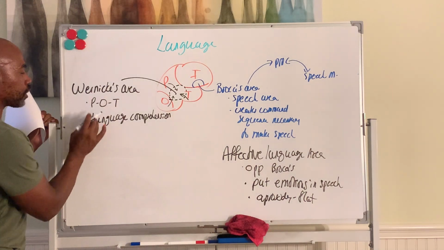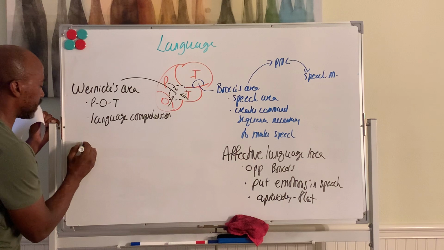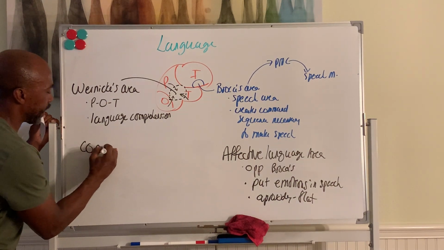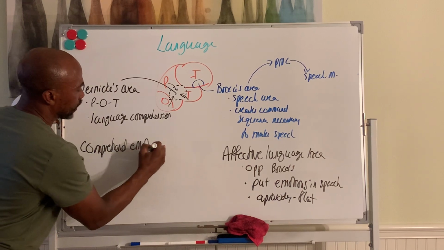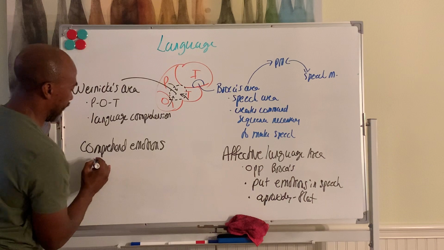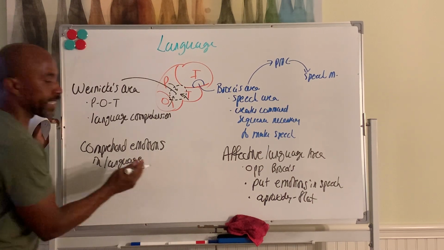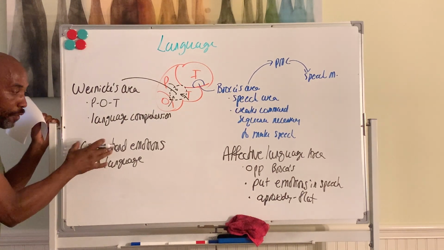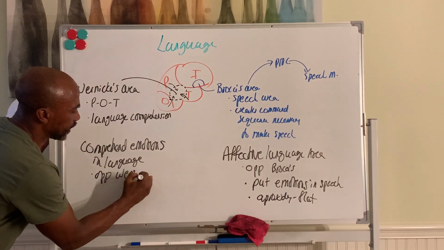And then opposite of Wernicke's, it's not really given a name, but this is the area that you use to comprehend the emotions or affect in language. So if Wernicke's is here, this part is over here. It's not given a name, but it's the area opposite Wernicke's.